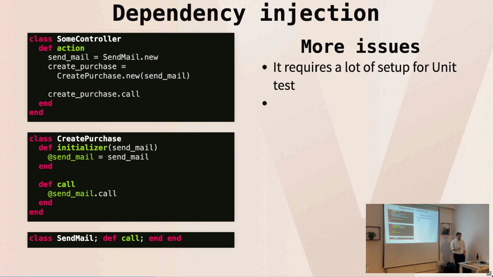It requires a lot of setup in unit tests. And it's obvious, because if you want to create this instance in a unit test, you obviously need to prepare all the dependencies the same as we have in the controller. And again, if we have a lot of dependencies, we have a lot of work just to set up and prepare our test, which may not be readable later.